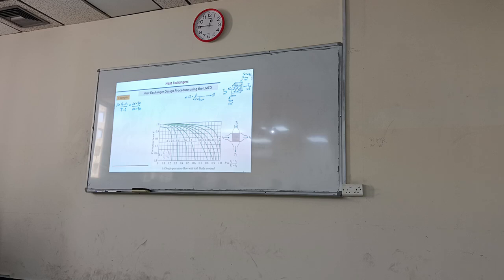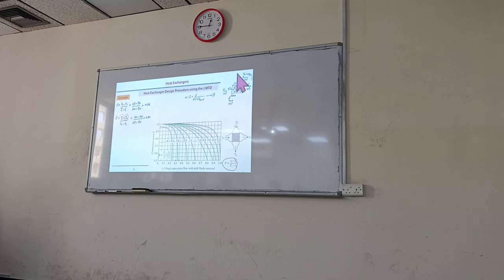If we reverse it, we can check whether it will work. Anyway, P is 0.36 and R is 0.8, so 1 and 2 are simply inlet and outlet. So here we have these two terms. P is 0.36, where is P? This is P. 0.3, 0.4, 0.35.